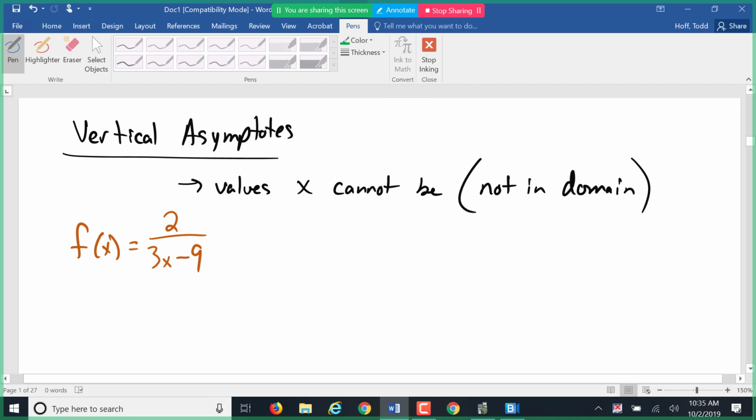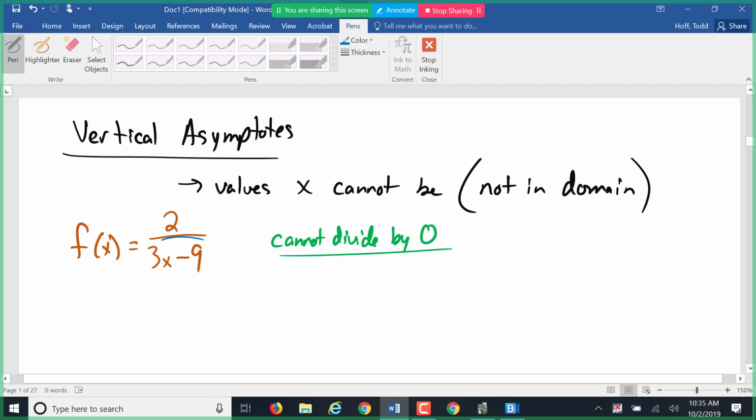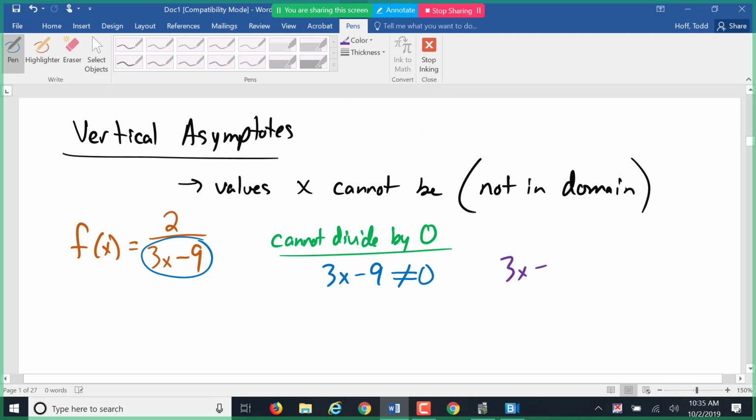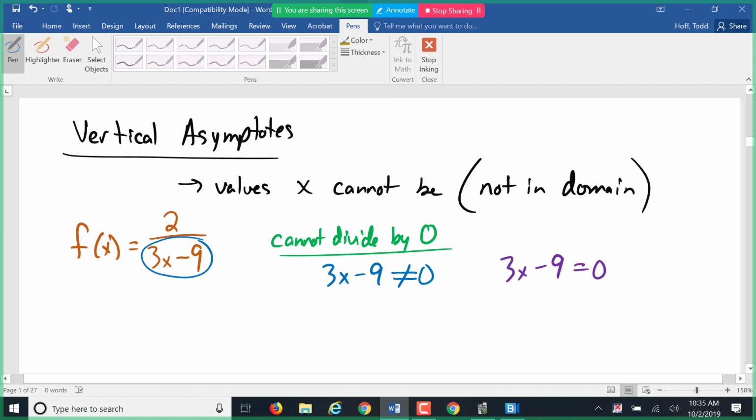We cannot divide by 0. Because we cannot divide by 0, this denominator cannot equal 0. 3x minus 9 cannot equal 0. So let's solve it to see what values would make it equal 0. So 3x minus 9 equals 0. If we solve that, I'm just going to go through this really quickly.